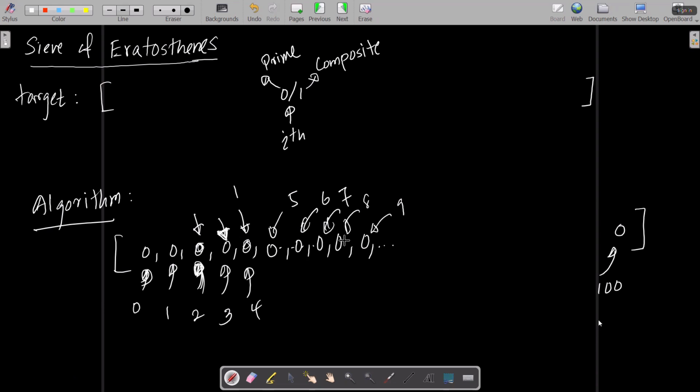Then this array will have the lowest prime factor for each number. We make the 4th index 2, 6th index 2, 8th index 2, likewise. And we come to 3, and we make the 6th index 3, the 9th index 3, and we go like that. So it will give us an array. The ith index of the array will contain the lowest prime factor of i.